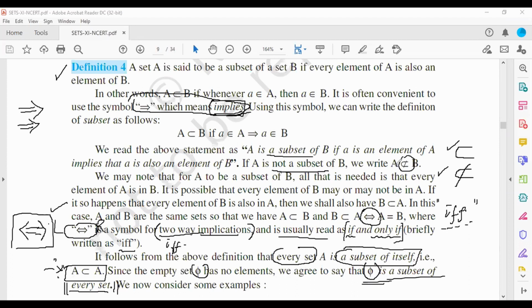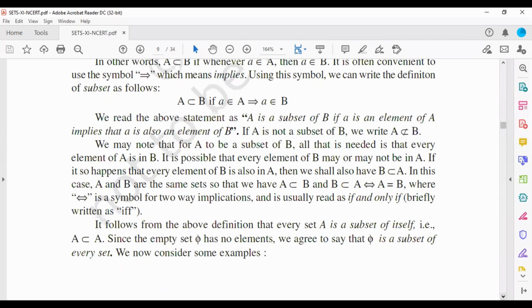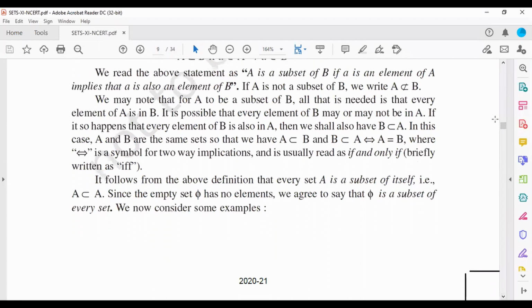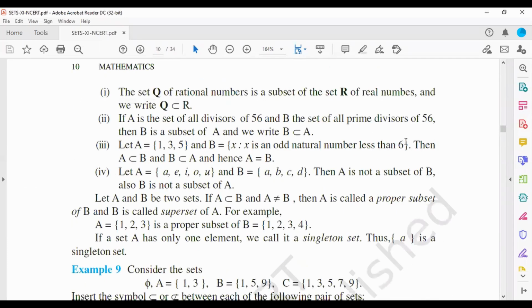Then NCERT is giving you some examples. Let us go through the example. Point number one: the set of rational numbers is a subset of the set of real numbers.